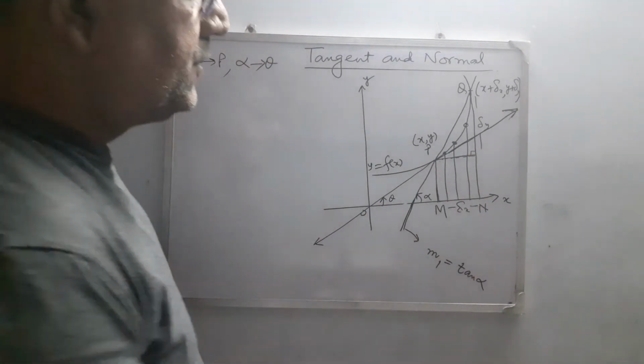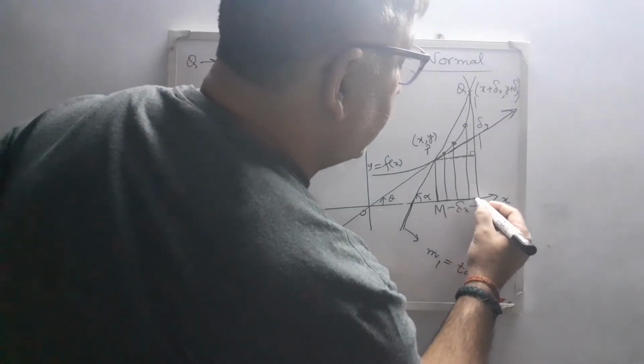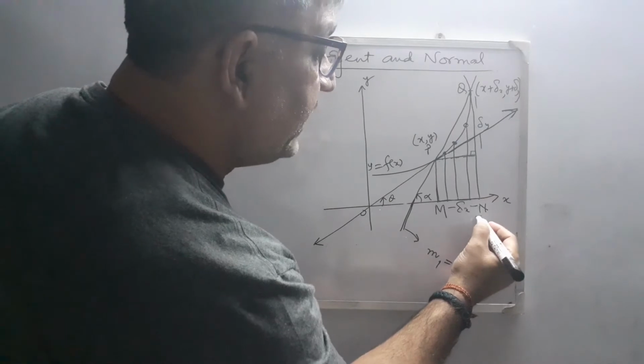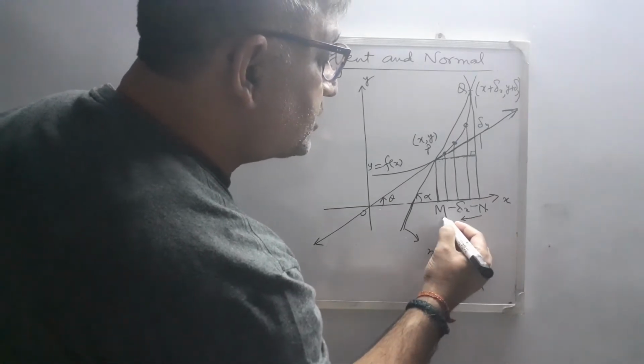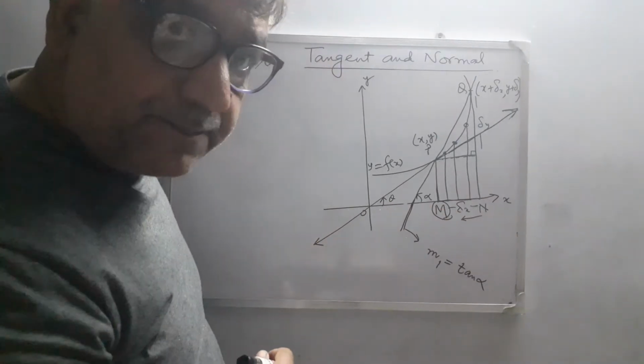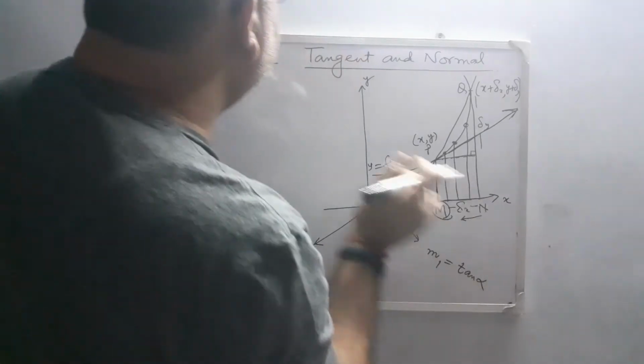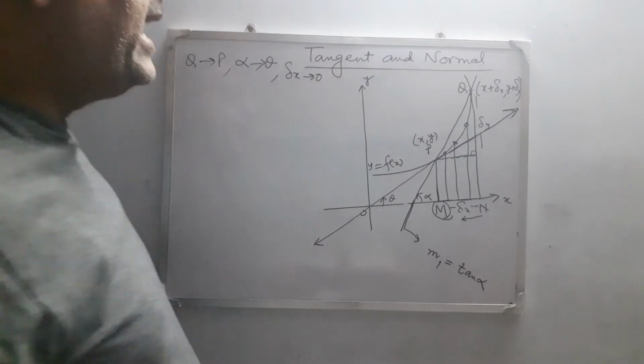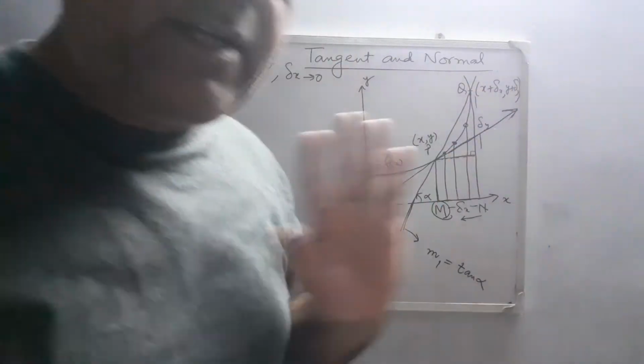What do you observe? This whole length is delta x. As soon as this Q tends towards P, this point N tries to approach M, then in that case delta x tends to 0. Then delta x tends to 0 and accordingly delta y will tend to 0.